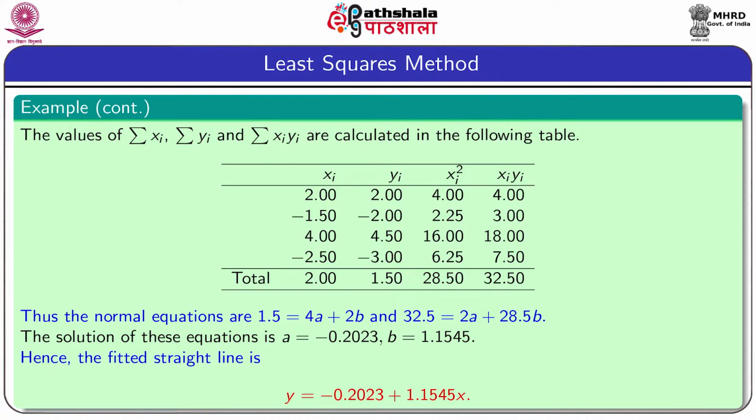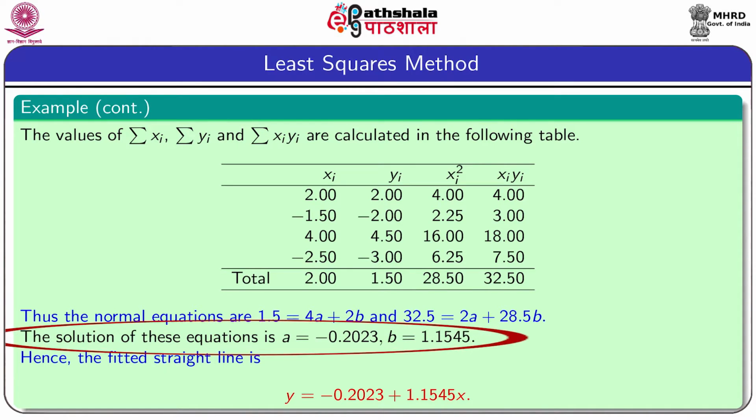And sum of xi is 2, sum of yi is 1.5, sum of xi square equal to 28.50, and sum of xi into yi equal to 32.50. So, using these values, the normal equations are transformed to 1.5 equal to 4a plus 2b and 32.5 equal to 2a plus 28.5b.